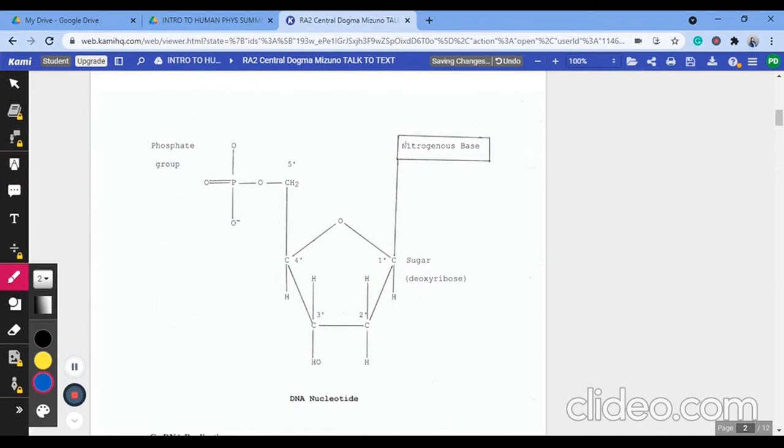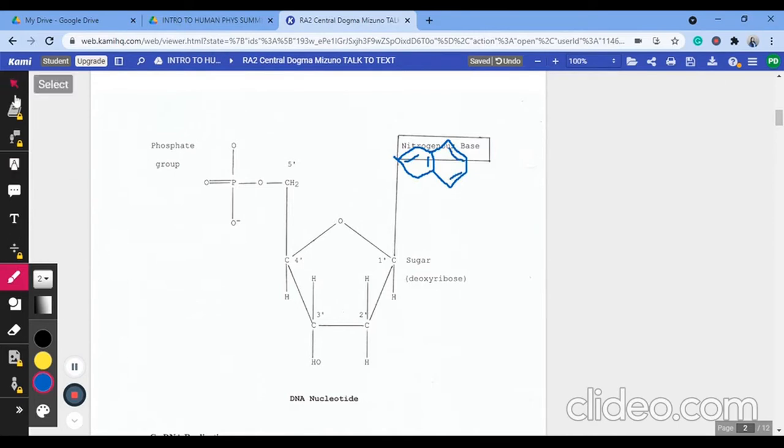Okay, I think I did the double bonds right here, double bonds here. So yeah, this is what the nitrogenous base should look like.